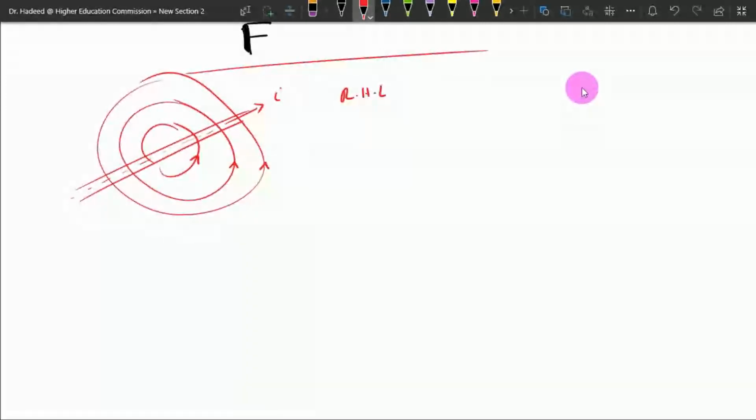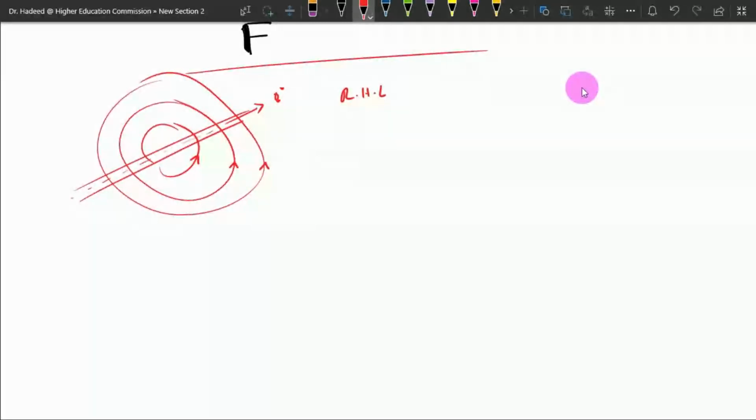If your thumb points in the direction of the current, then the rest of the fingers, as they curl around, show the direction of the flux or the magnetic field developed by this current carrying conductor.